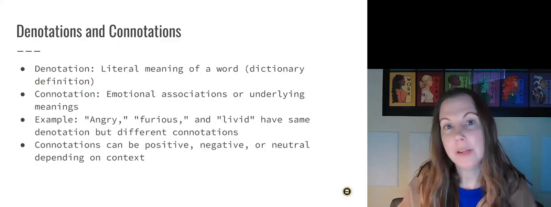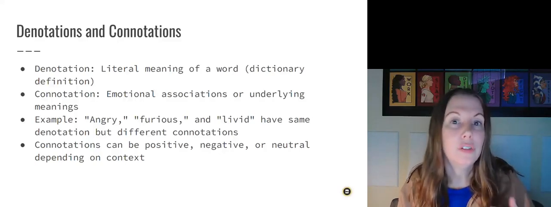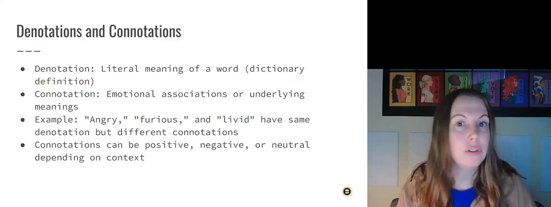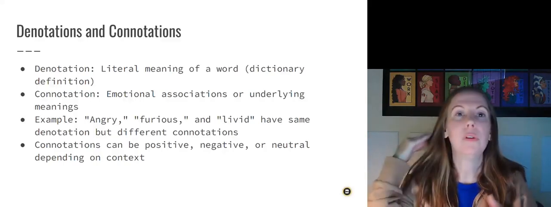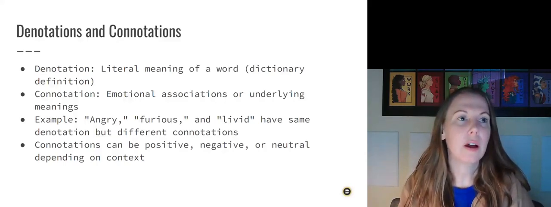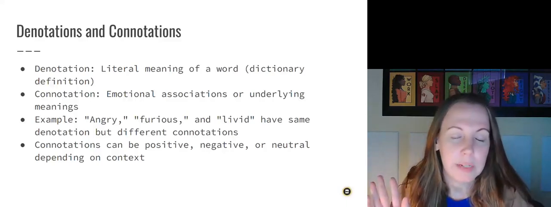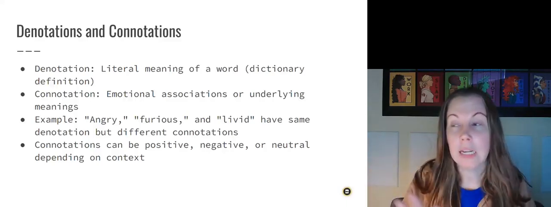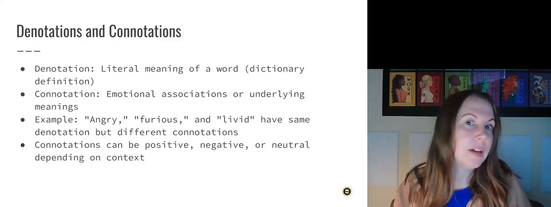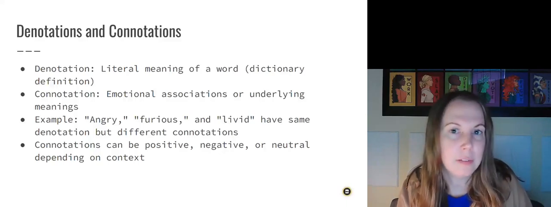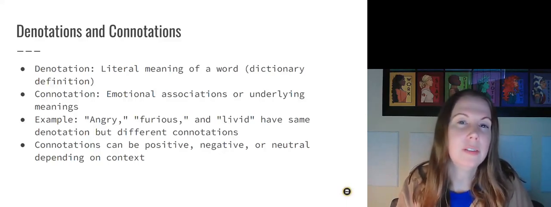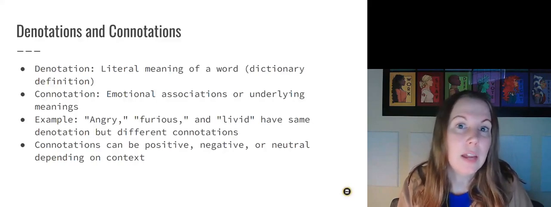It's important to notice because when you're writing, you want to choose the right word for your meaning or your tone. If I'm writing about people being upset, I'm going to use my Civil War reference. People were upset about the Civil War, that the South was upset that they lost the Civil War. I probably wouldn't just say that they were angry.